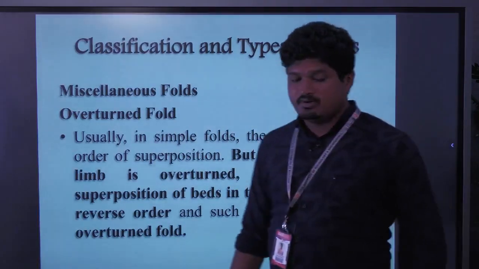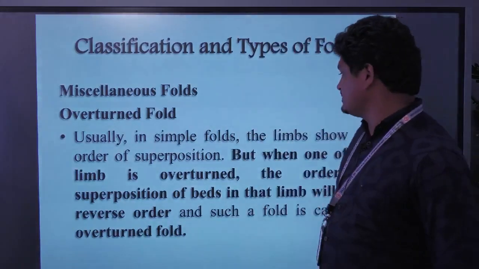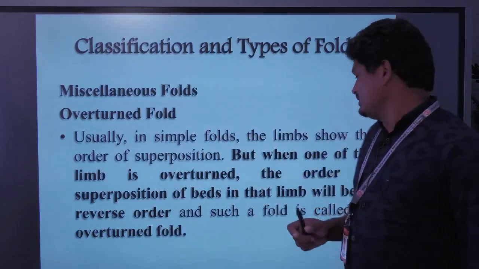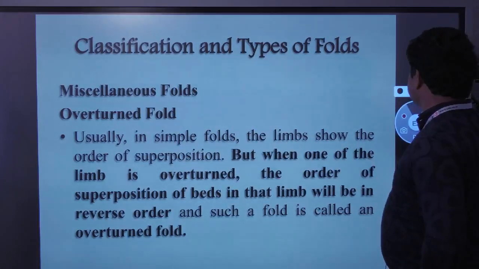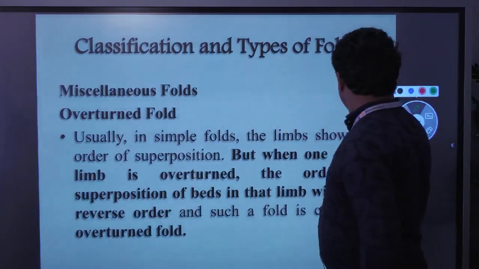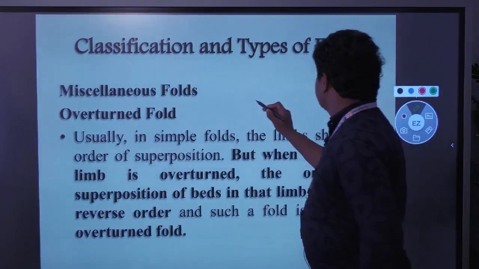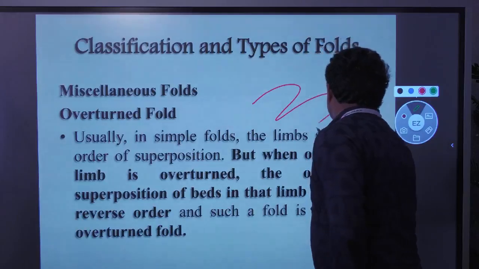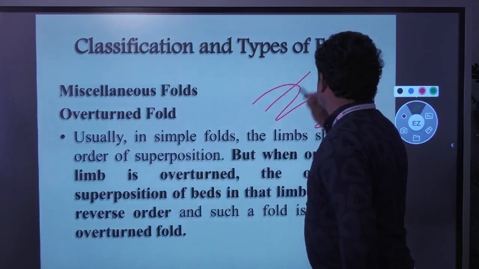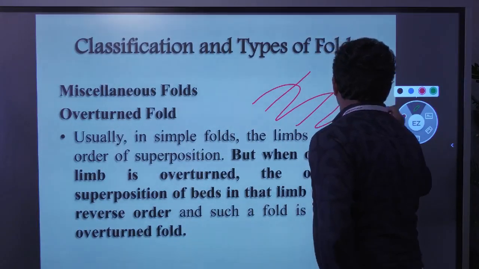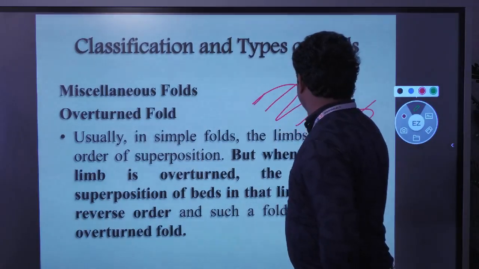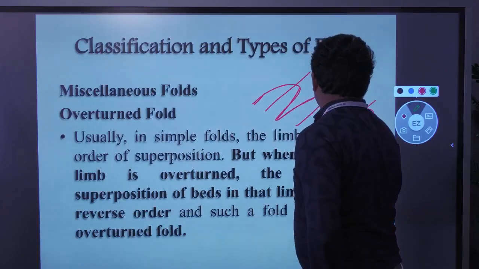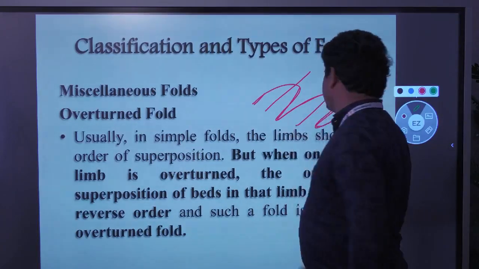And overturned folds. Overturned folds are always overturned, with the entire axial plane identified that way. Both limbs will always be overturned, and some vertical nature will be identified.